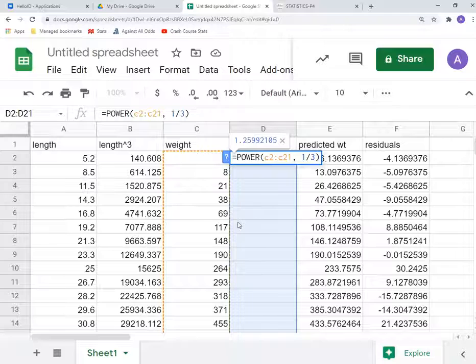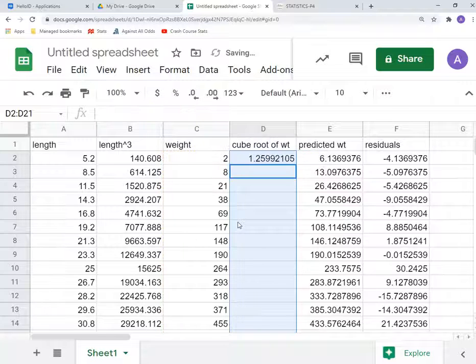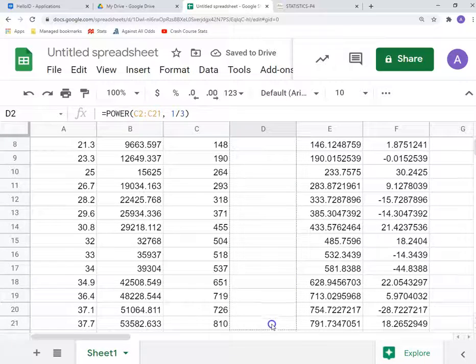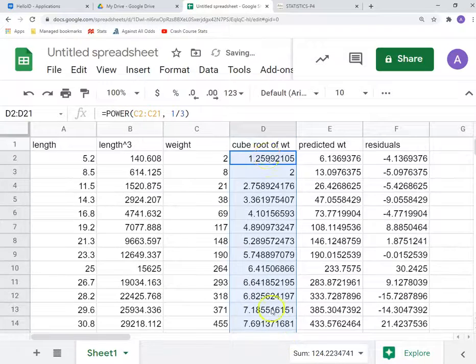If it was like 1/2 or 1/4, I probably would use 0.5 or 0.25, but I don't know if I could put enough 3s after the decimal, so I used 1/3. And then I pull that down. So there are all the cube roots of my weights.